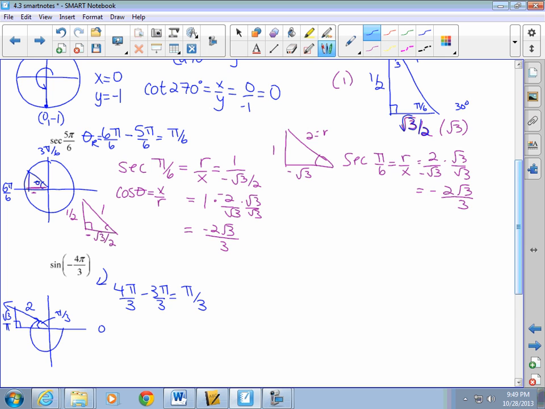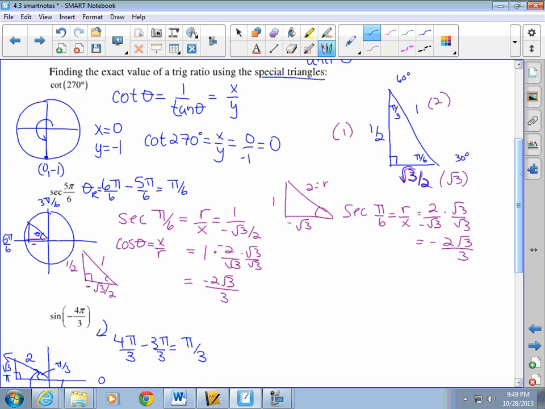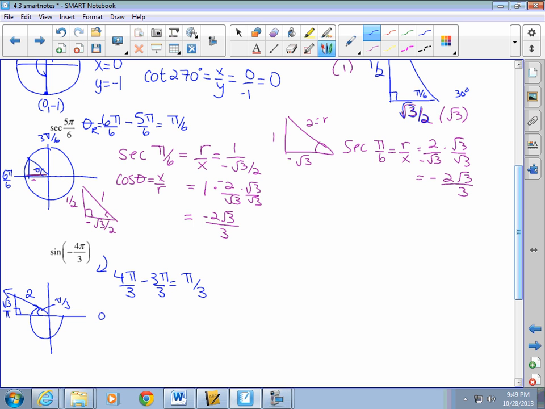And my adjacent side is this one here, so it's a 1. And because it's over in this quadrant, that means that it's going to be a negative 1. So looking at this one, my x is equal to negative 1, my y is equal to square root of 3, and my r is equal to 2.